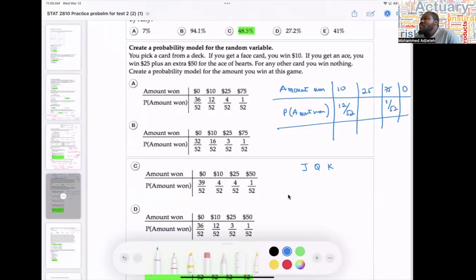How about if you pick any of the others? Remember, we have 4 aces: ace of hearts, ace of clubs, ace of spades, and ace of diamonds. If you pick the ace of hearts, you get 75. But if you pick the ace of clubs, diamonds, or spades, you get 25. And how many are they? There are 3.